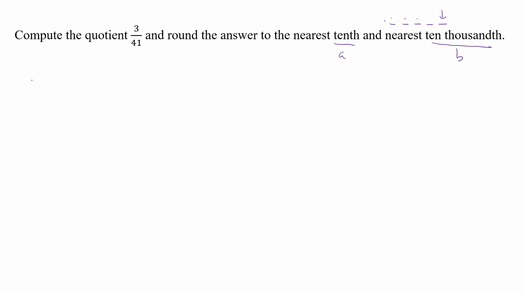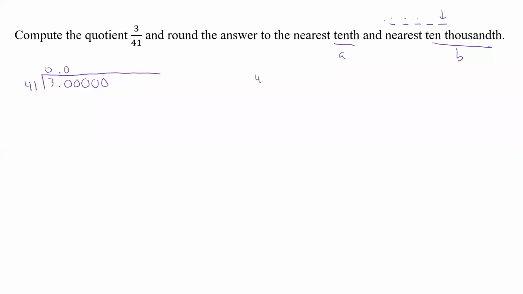All right, so 41 into 3 point, we have to go 1, 2, 3, 4, 5 to get to that 100,000th. All right, so that's 0. 41 goes into 30 also 0. Now 41 goes into 300.